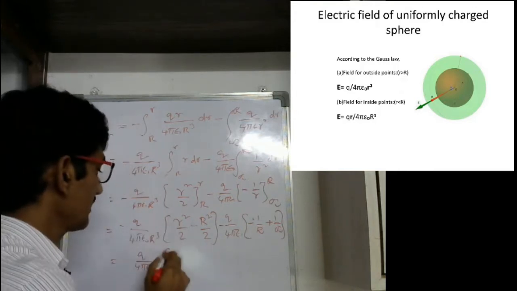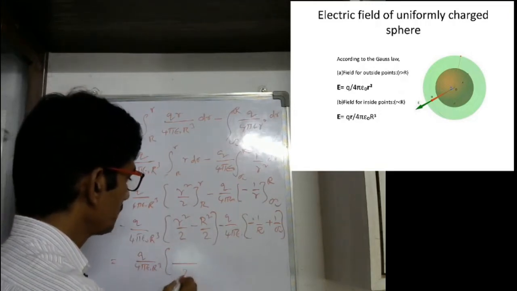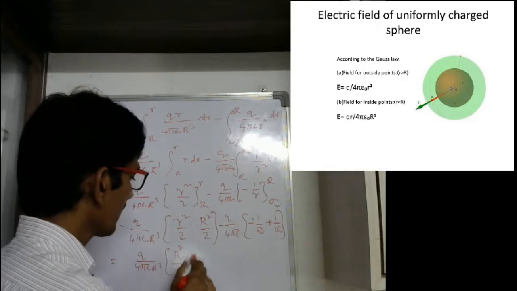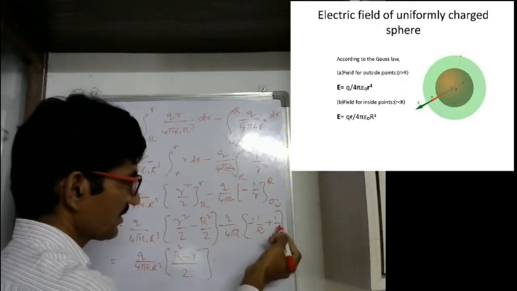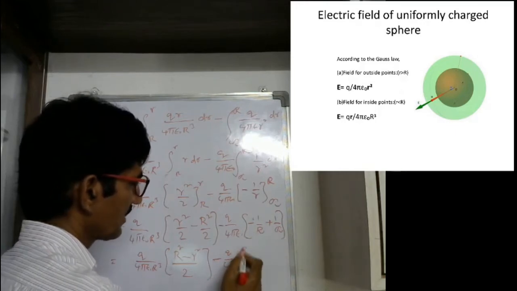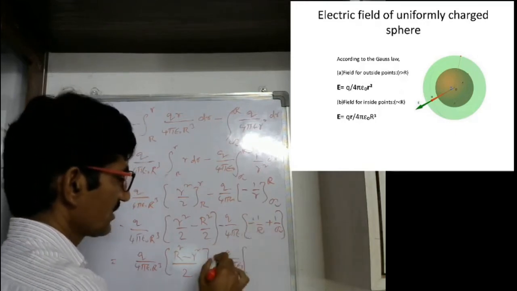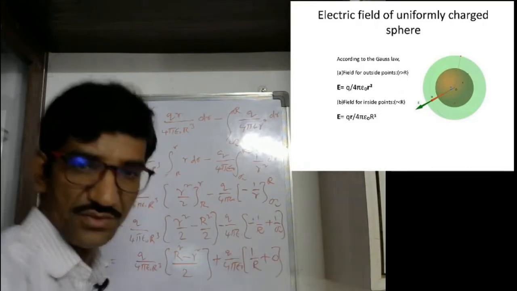You take minus inside. Okay, then you have R square by 2 minus r square by 2. Here this is 0, minus q by 4 pi epsilon naught. You take minus outside, this is plus 1 by r plus 0.